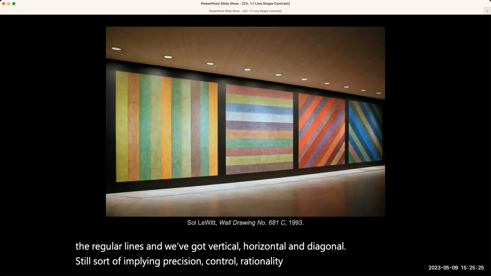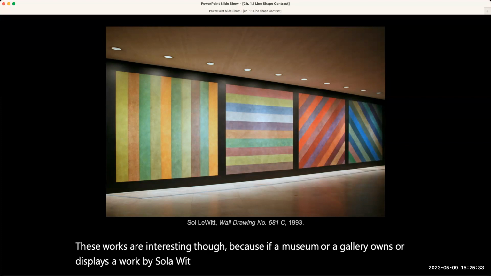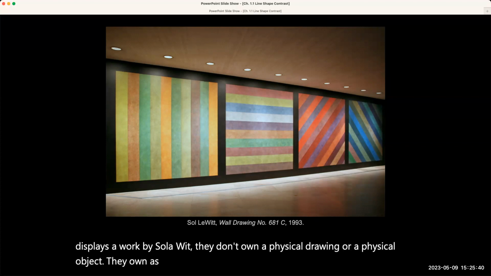rationality. These works are interesting though, because if a museum or a gallery owns or displays a work by Sol LeWitt, they don't own a physical drawing or a physical object. They own a set of instructions that the museum staff uses to create this work of art.